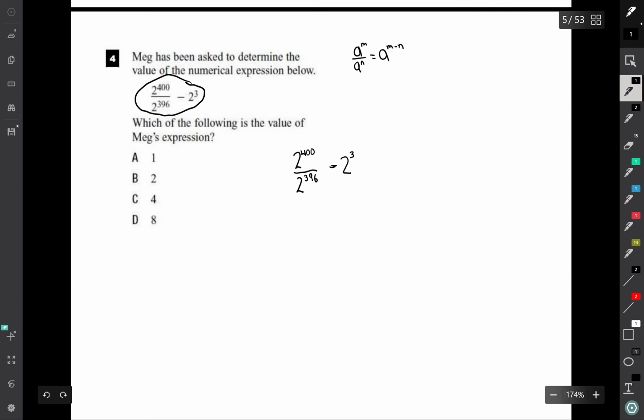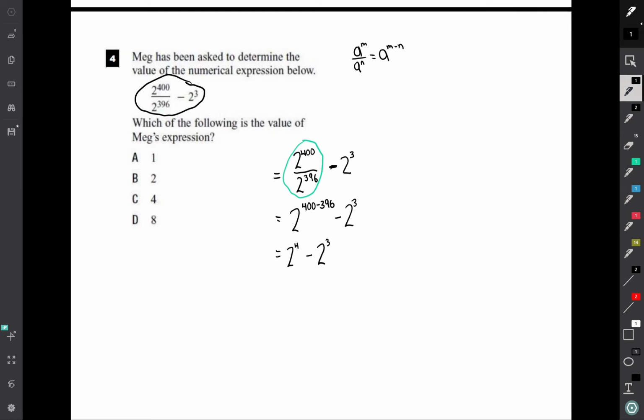It's a minus. So I get 2 exponent 400 minus 396, minus 2 exponent 3. Well, 400 minus 396 is 4, so 2 exponent 4 minus 2 exponent 3.